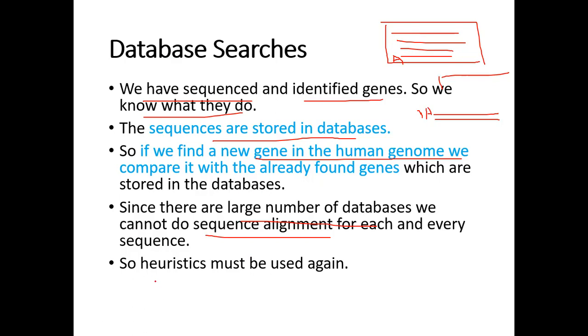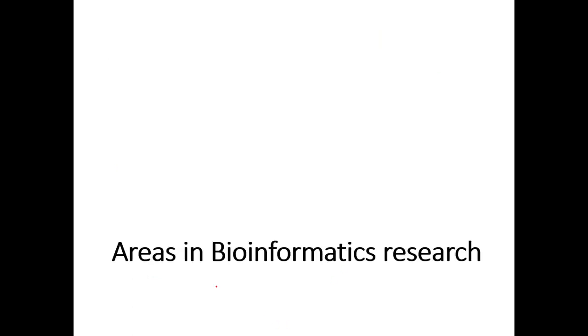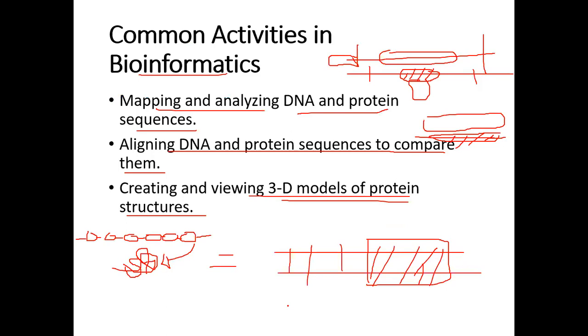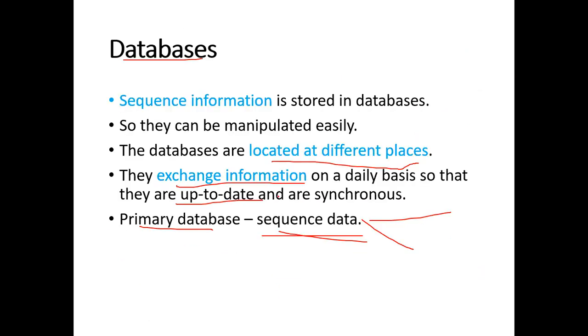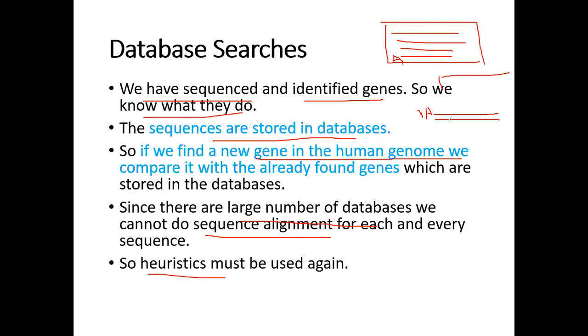So there are heuristic algorithms we need to develop for these purposes. There are algorithms available, and we'll be talking about sequence alignment algorithms later. Still, there's a need for heuristic algorithms because this takes a very large amount of data. On a normal computer, we can't do such a thing without a heuristic algorithm.